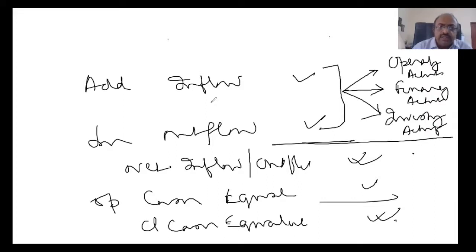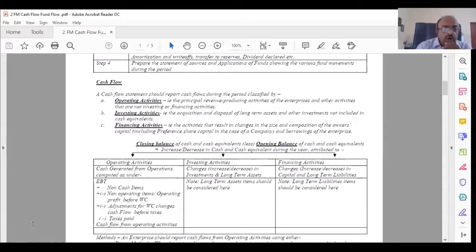Now let us look at the theory, how it is coming. Now see, a cash flow statement should report cash flows during the period classified as principal revenue-producing activity that are not investing and financing.